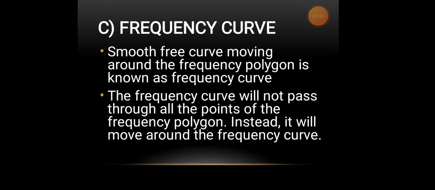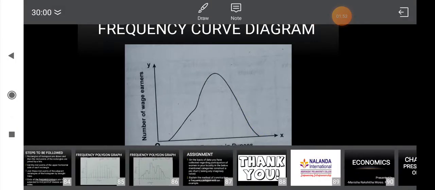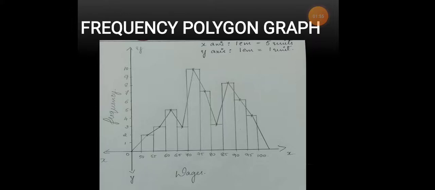Instead it will move around the frequency polygon. It is a normal curve which you draw starting from the x-axis. Say for example, in the earlier example under the frequency polygon, we are having many ups and downs. The frequency curve has no such ups and downs.